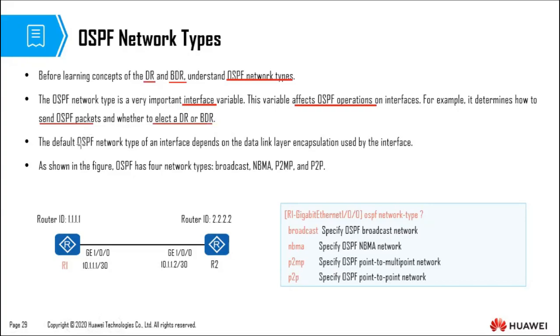The default OSPF network type of an interface depends on the data link layer encapsulation. How do we encapsulate the data at the data link? And also this is determined by the type of link that we use. So as shown in this figure, how many OSPF network types do we have?